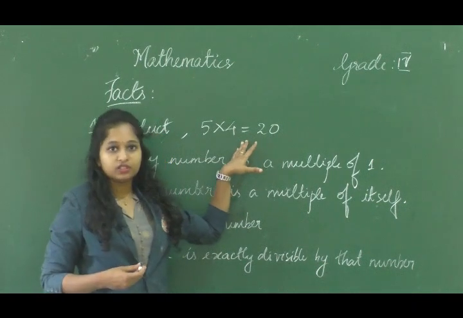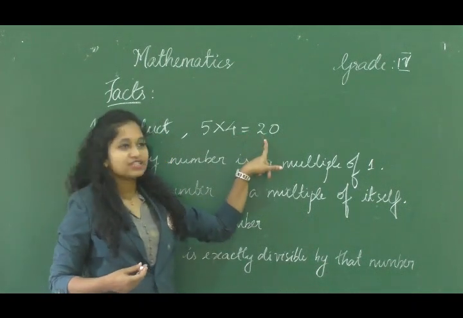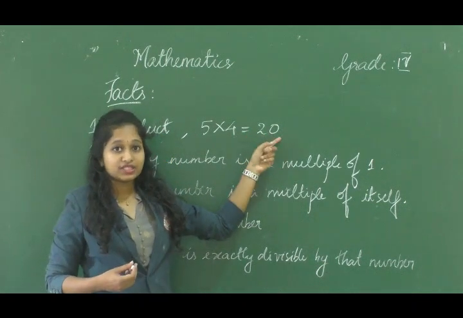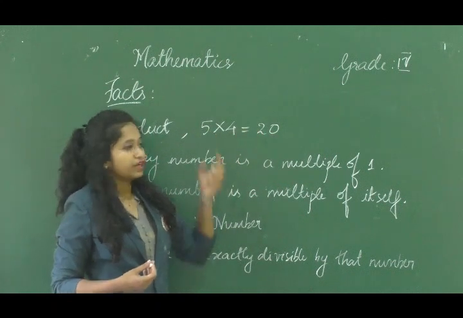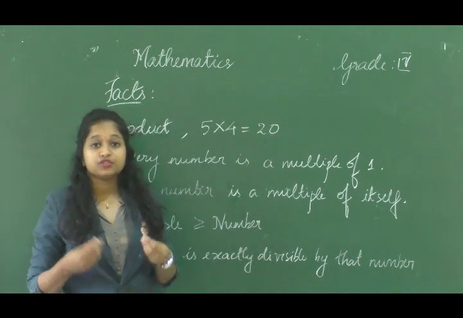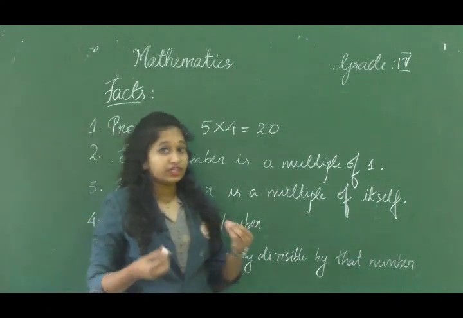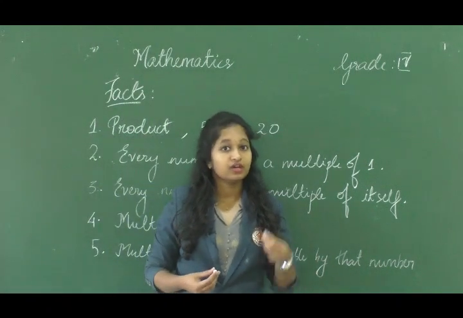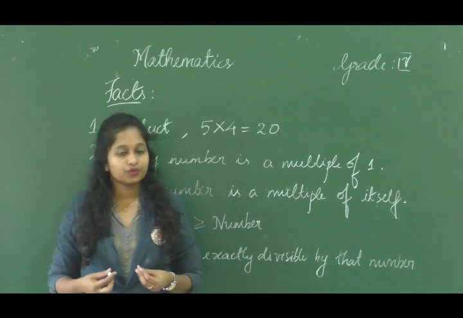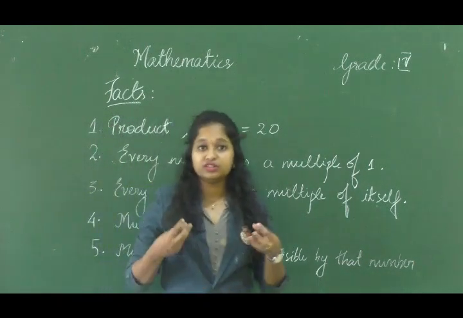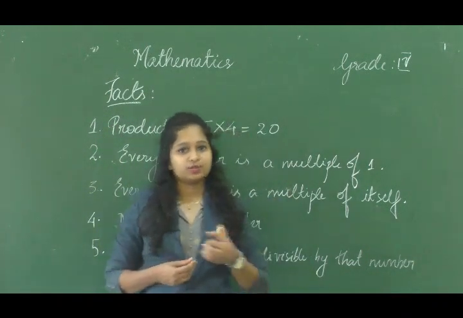See this example. Here the multiple is 20. 20 is exactly divisible by 5. If you divide 20 by 5, we get the quotient as 4 and the remainder is 0. If the remainder is 0, it means it is exactly divisible.